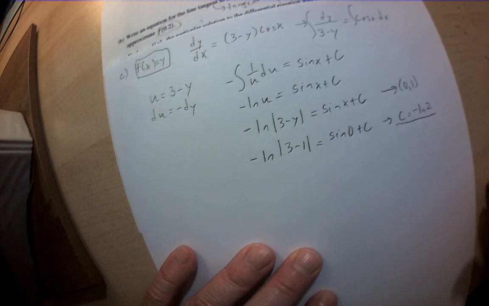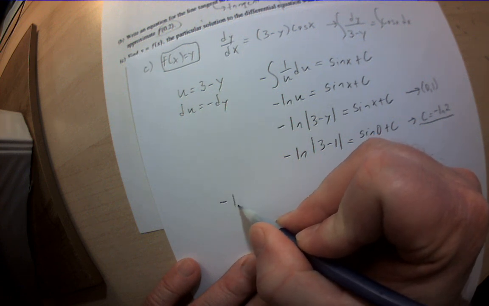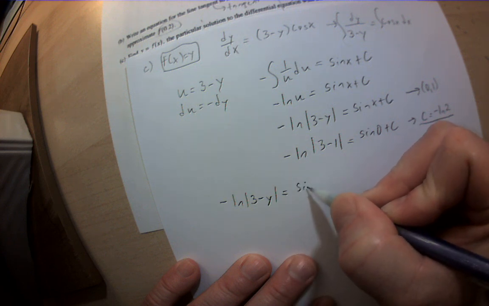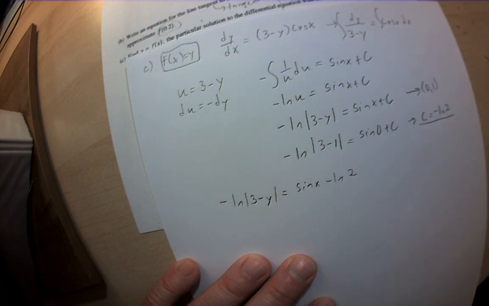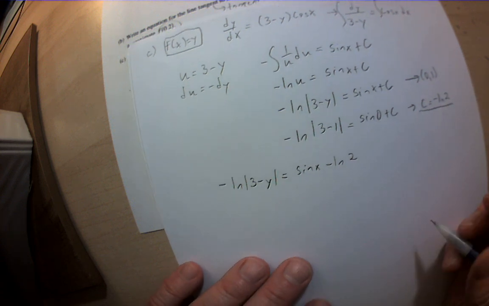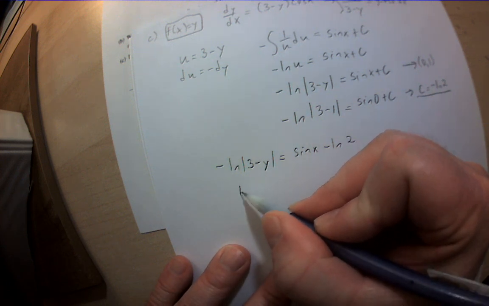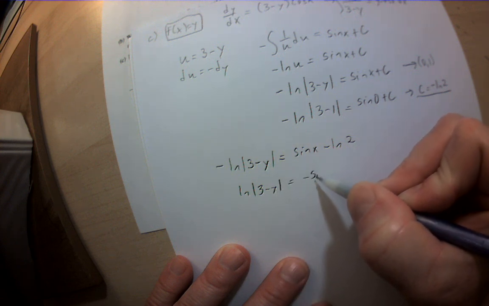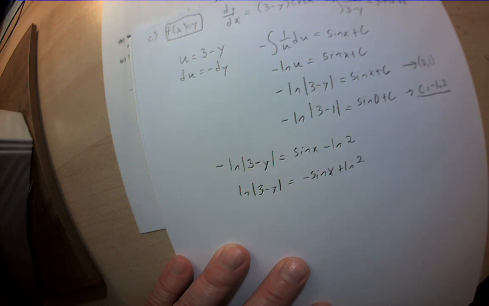They're going to give us 2 more points to get y by itself. So what I've got right now is this. The negative natural log of 3 minus y equals sine of x minus the natural log of 2. Okay, so I get the natural log of the absolute value of 3 minus y equals negative sine of x plus natural log of 2.